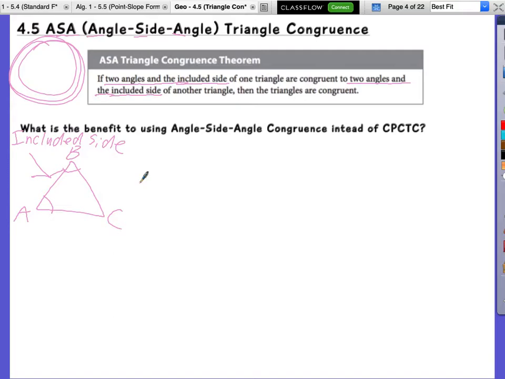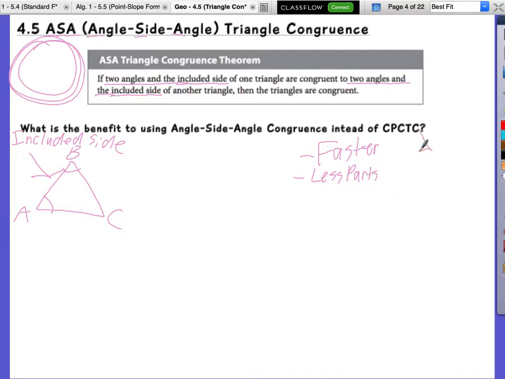Question. So we have this question here. What's the benefit of using angle side angle congruence instead of CPCTC? Why would it be easier to use this than to use CPCTC? It's faster. Why is it faster? Okay, so it's faster. We do fewer parts.